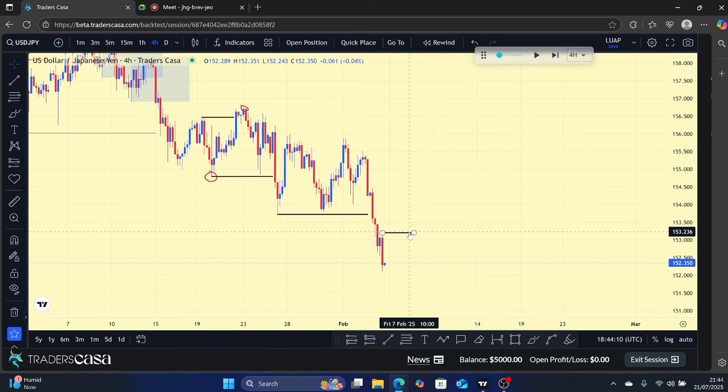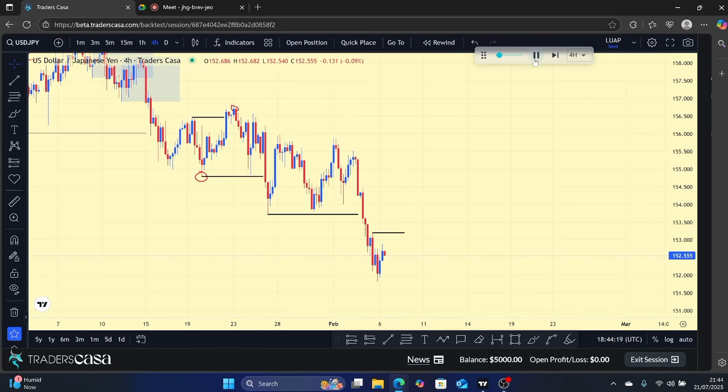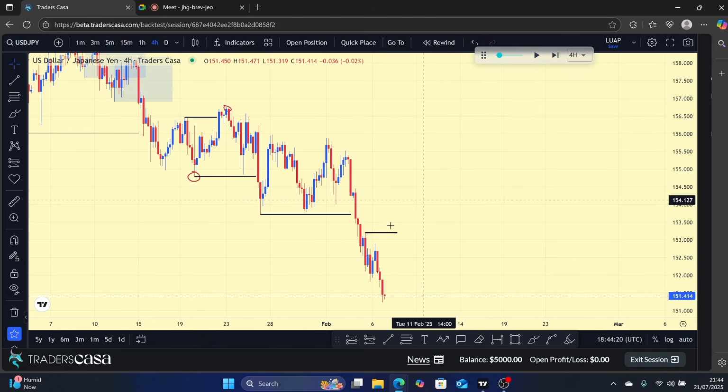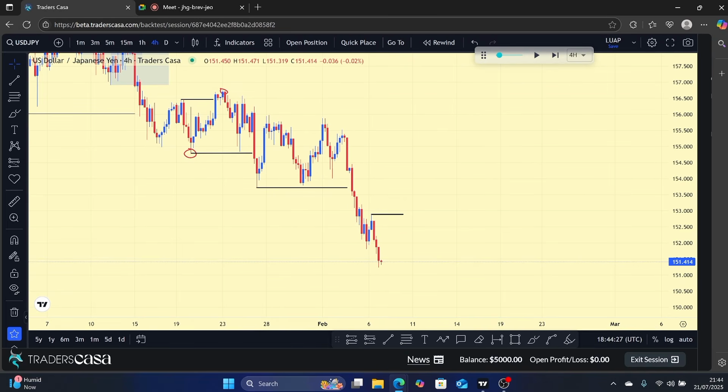So right now I'll be waiting for the major inducement to be taken out before I start marking the POIs. All right, price created another valid pullback, and I said we keep on shifting to the recent one until price takes it out.